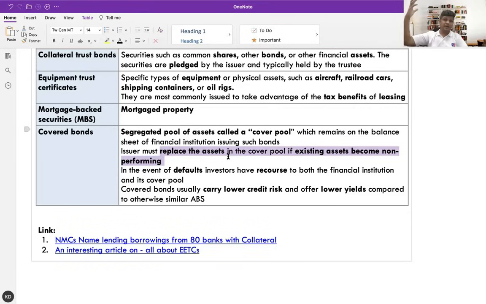Whatever the money is, I will put my own capital for those 5 bonds. So it's like an insurance. In the event of default, investors have recourse to both the financial institution and the cover pool. Covered bonds usually carry lower credit risk. Why? Because your loan is being covered through some financial assurance by the issuer. Clear?